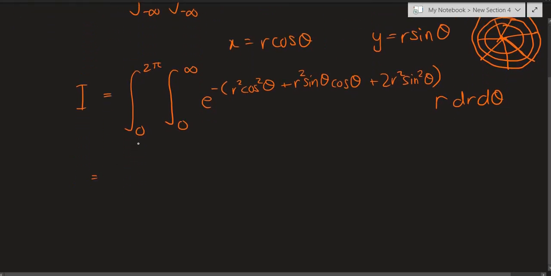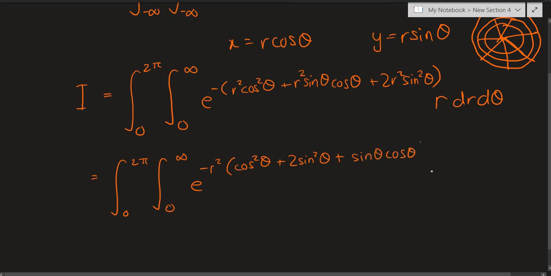Let's just simplify everything. We'll have the integral from 0 to 2 pi of the integral from 0 to infinity of, well, r squared is a constant in all these terms, so let's just bring that out. e raised to negative r squared, and we have cosine squared theta plus 2 sine squared theta plus the sine theta and the cosine theta terms multiplied with each other, and we have this stray factor r dr d theta.